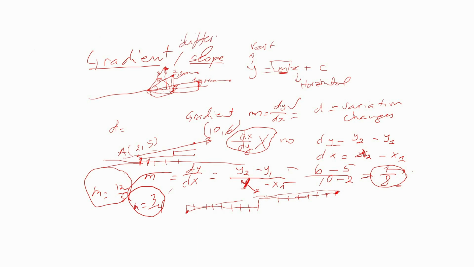Then if I write a gradient of 3/4, it means you move 3 vertically and 4 horizontally. Using these different examples of gradient, you can know which line will be strongly upward.